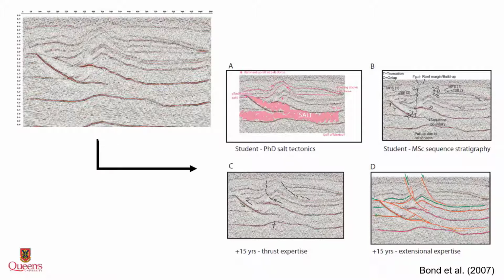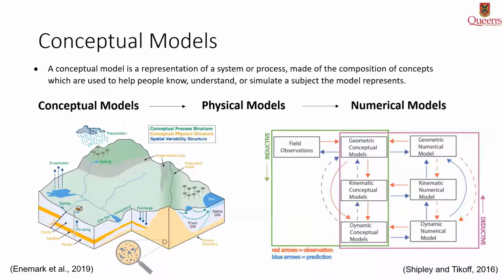And what she found was, depending on your experience, expertise, as well as your education, it had a significant impact on your ability to make interpretations of the data, as well as the conceptual model of the data that arises from your interpretation. And so more formally, a conceptual model is a representation of a system or a process, but it allows us to communicate as well as simulate what basically the model represents.